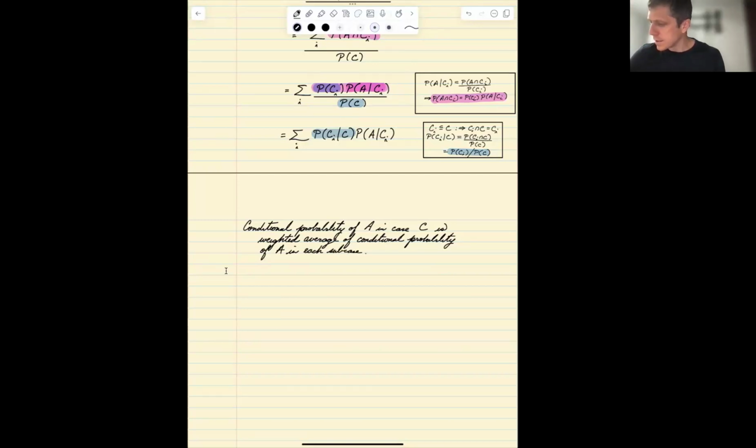The subcases here are the Ci's, and we weight those conditional probabilities by the probabilities of the subcases.